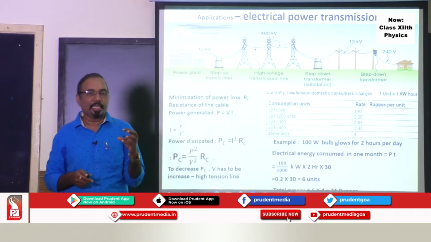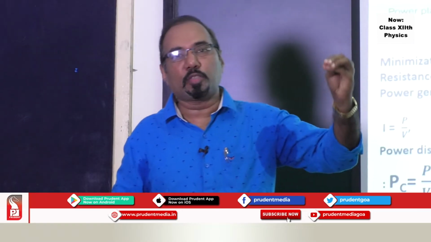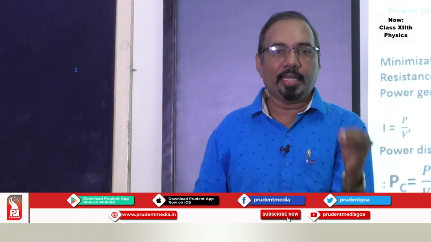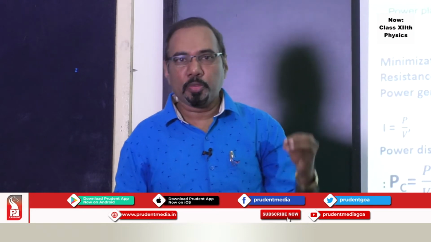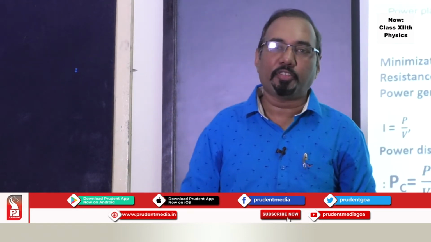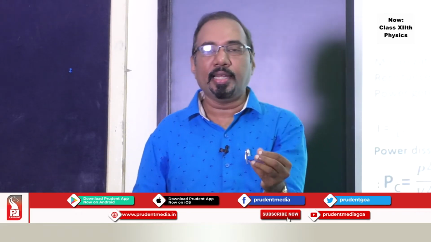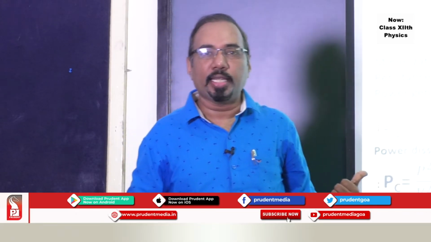So electricity generated at the station has to be transported over a long distance. For example, Goa doesn't have its own energy creation plant as such. Most of the electricity we get from the western grid. Goa needs about 1000 megawatt of power, and we get most of the power from the western grid, and for the south side it is from the southern grid.